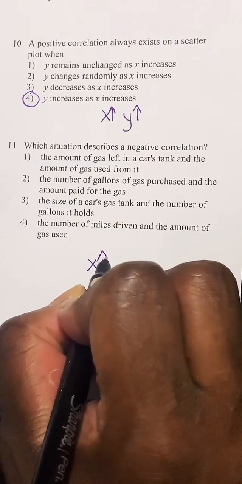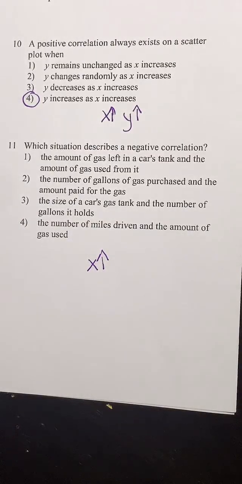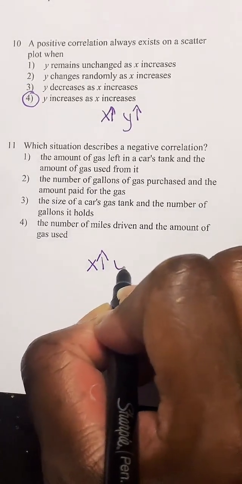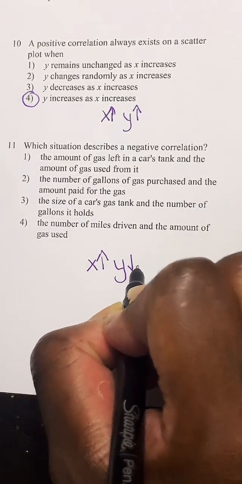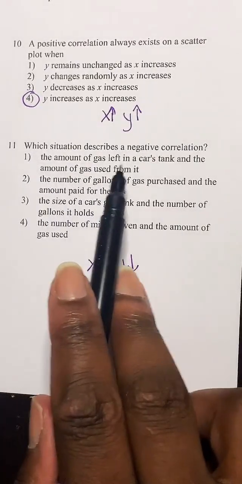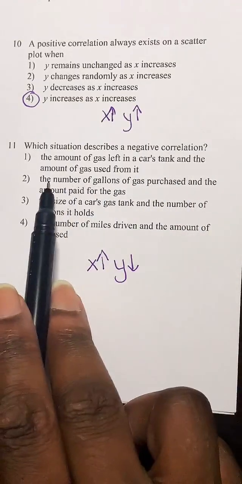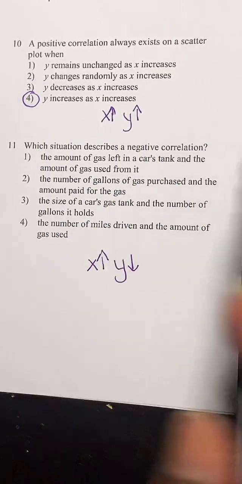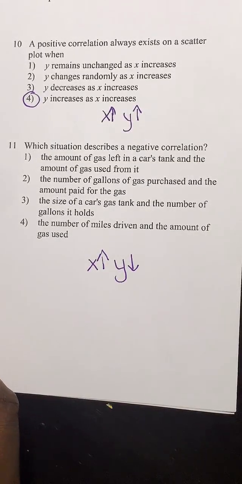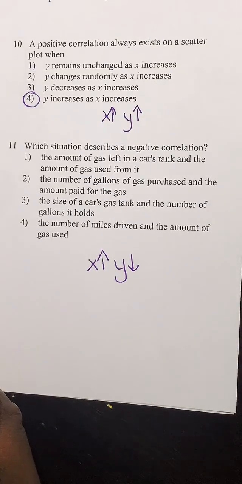Our independent in this case will be like your mileage. As that's increasing, our dependent is going to be decreasing. And a lot of you guys are saying either 1 or 4.